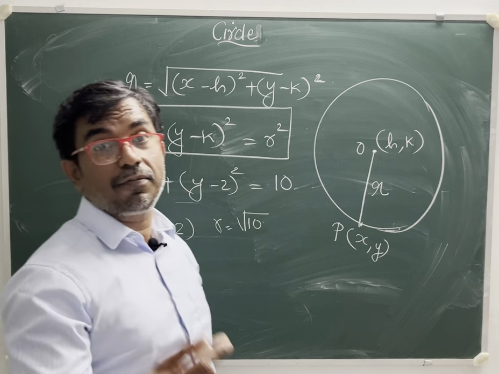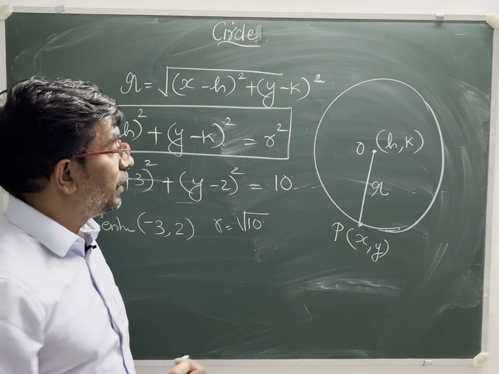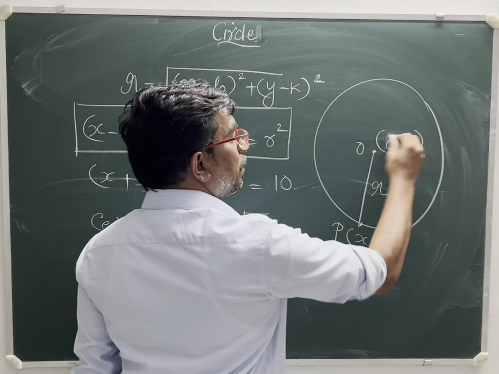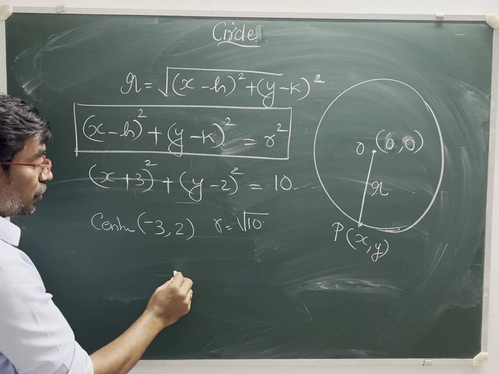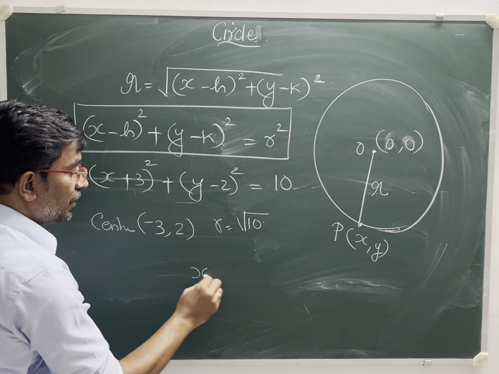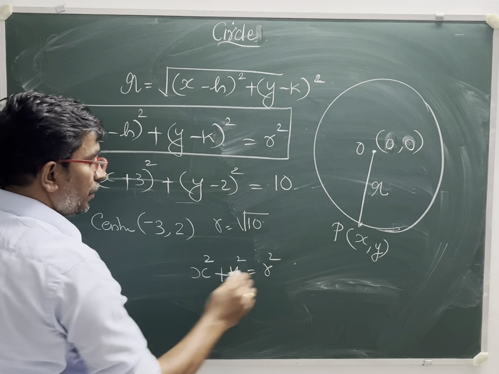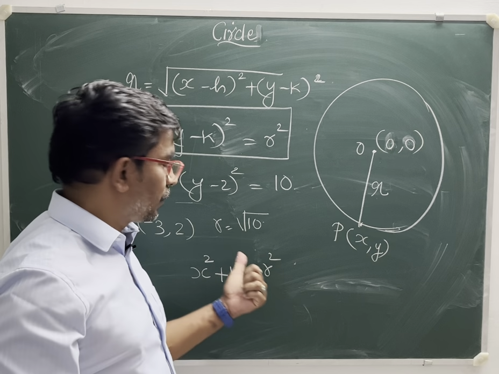A special kind of beautiful circle is a circle with the center at the origin. If the center is the origin, that is 0 and 0, then h and k will become 0. So our equation of the circle will shrink to x square plus y square equal to r square, because x minus 0 the whole square is x square only, and y minus 0 the whole square is y square.